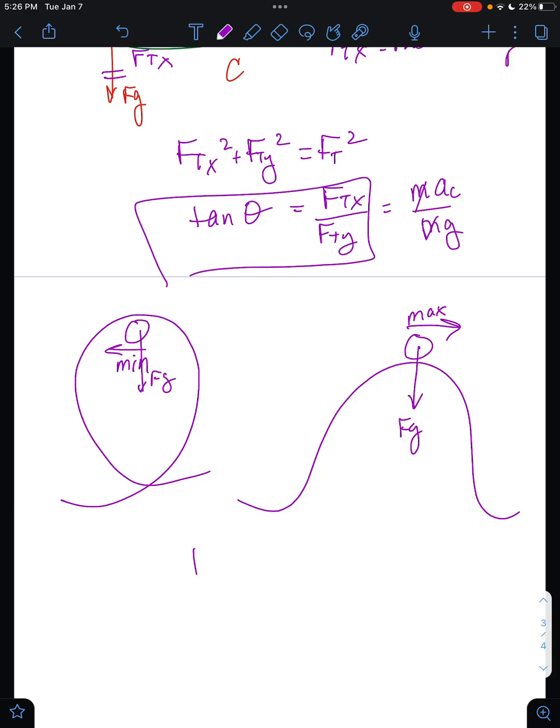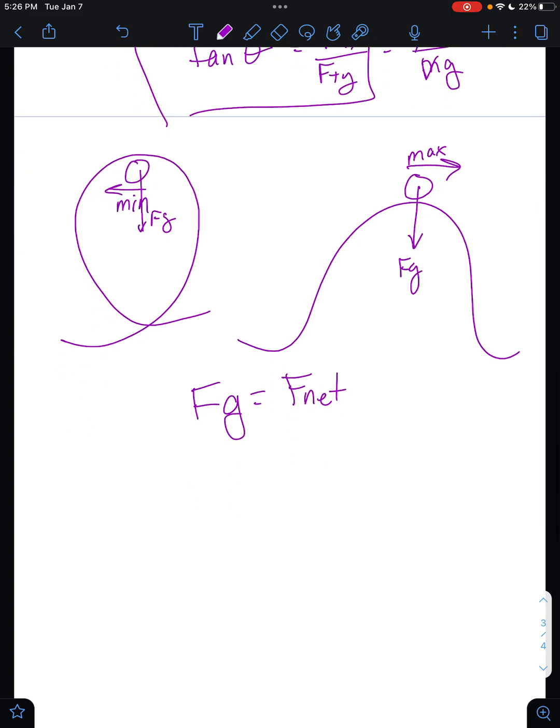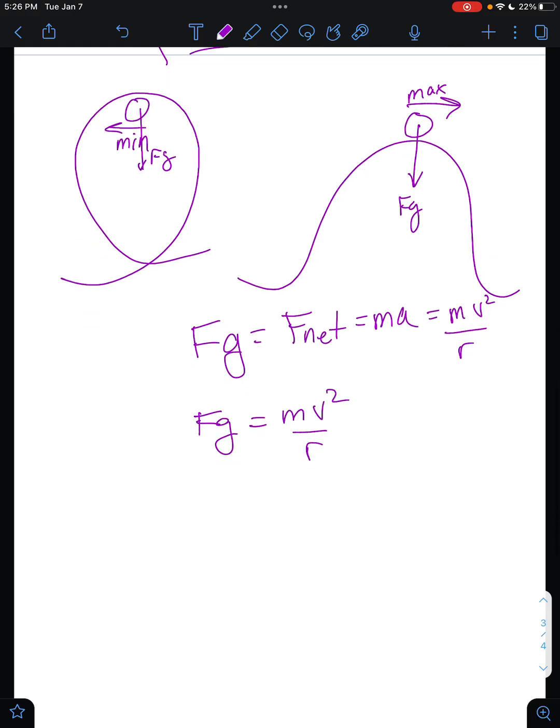And we derive these equations by saying, hey, if gravity is my net force, what speed would I need to be going at? Well, I don't see speed here, except net force is equal to MA, and A is equal to V squared over R. So actually, I can set my force of gravity equal to MV squared over R. My force of gravity, that's just mg.